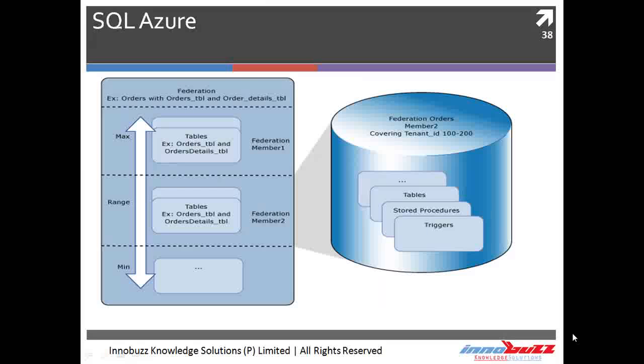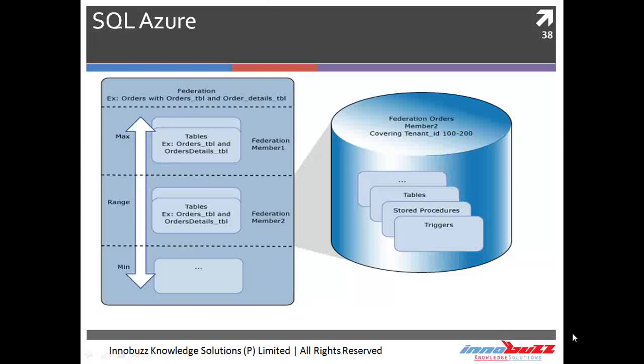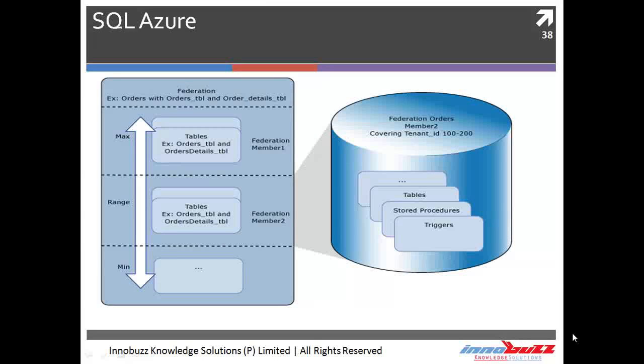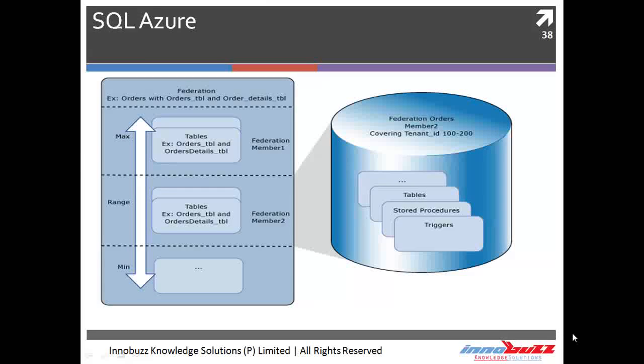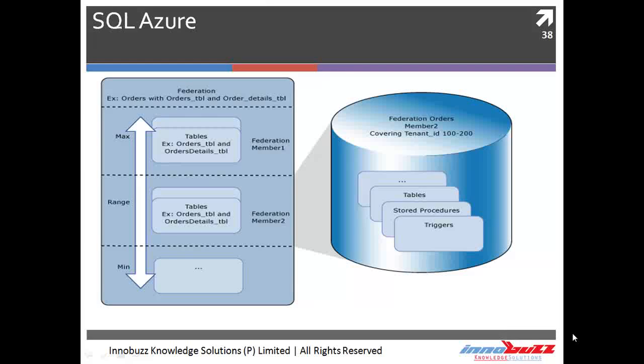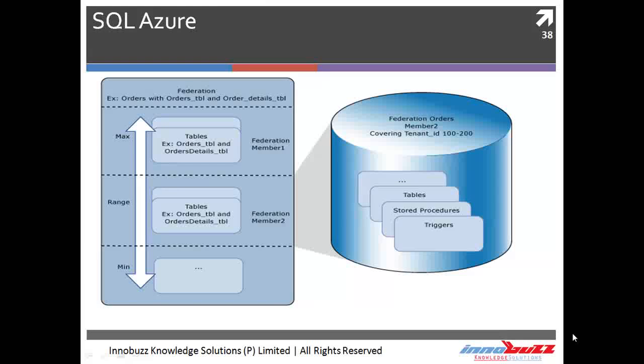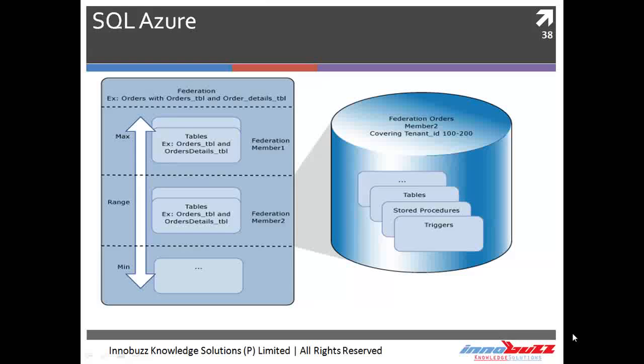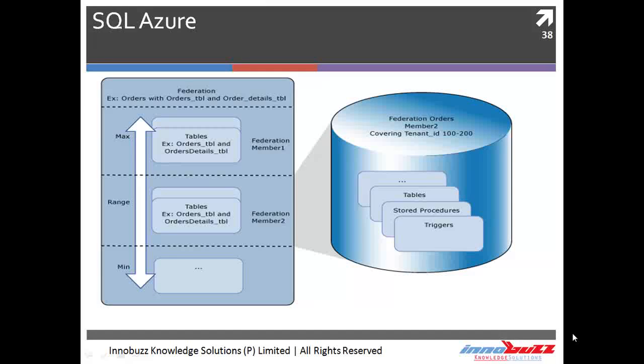You might think, what design considerations do you need to have in federations? So here it is. When designing a federation, one of the most important design decisions is what value to federate on. Ideally, you want to select a key that allows you to federate data from multiple related tables, so related rows are stored together. For example, in the case of a multi-tenant application, you might select the tenant ID.